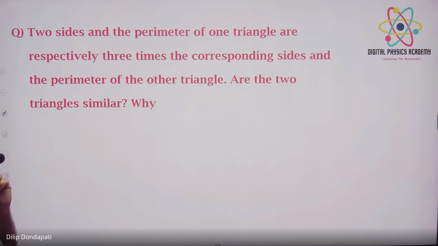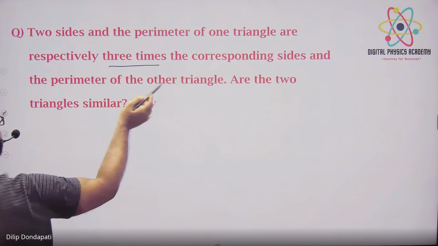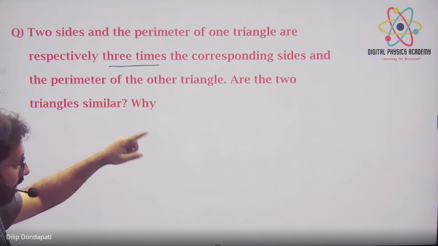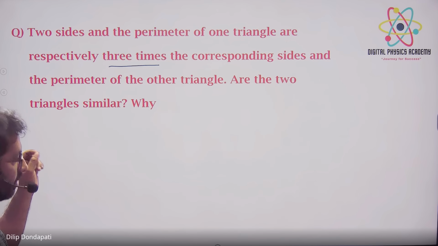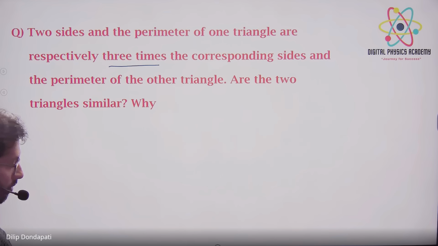Two sides and the perimeter of one triangle are respectively 3 times the corresponding sides and the perimeter of the other triangle. It is asking whether they are similar or not, if this condition is satisfied.